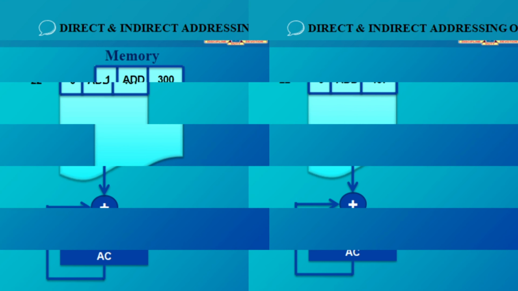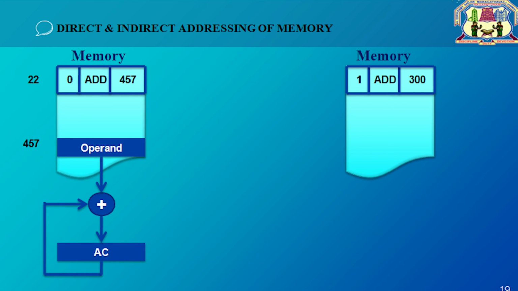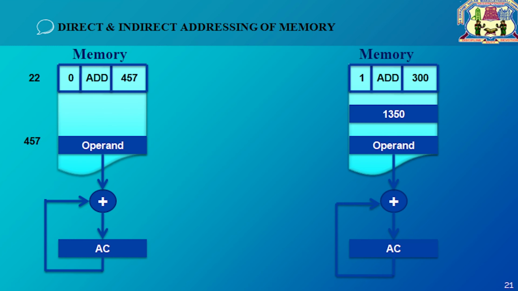But now at 300 we don't have the operand directly; at this 300 we have some address, that is 1350, and 1350 stores the operand. So this operand would be fetched, added to the accumulator, and the result would be stored back to the accumulator. So this is how direct and indirect addressing of memory works. That is called indirect addressing.